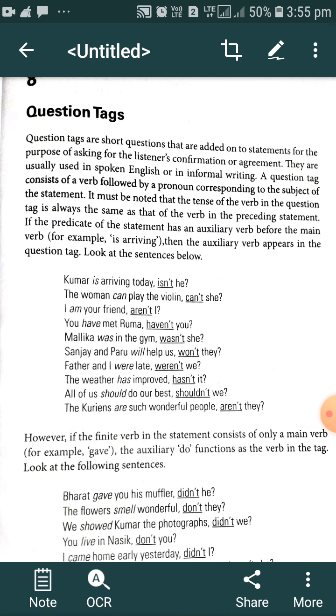If it is simple present tense, we use simple present tense in the question tag. We don't need to change the tense in our question tag. Whatever tense has been used in the previous statement, we just use that tense while adding the question tag.